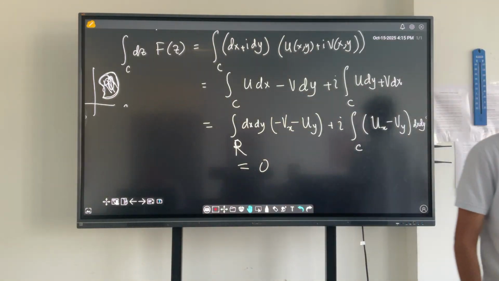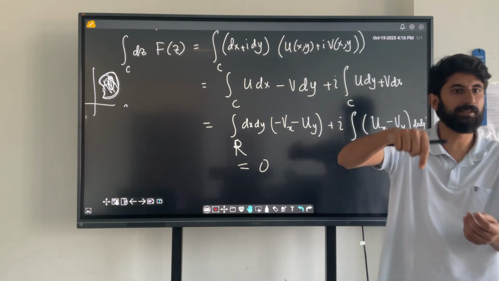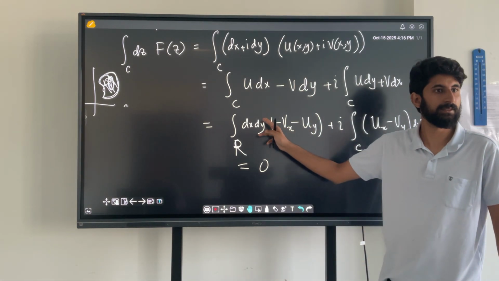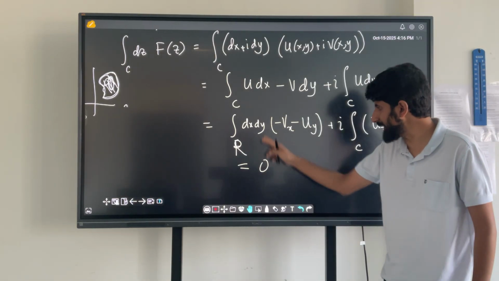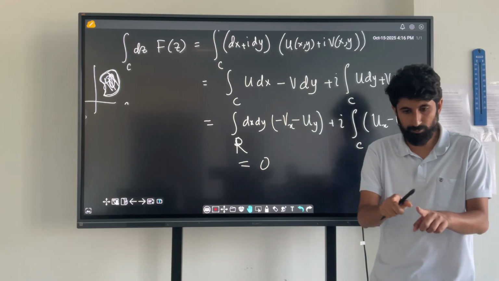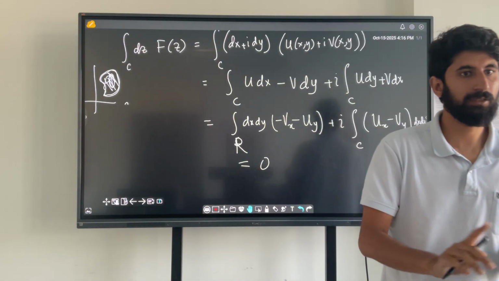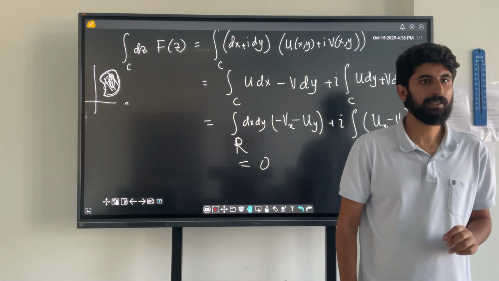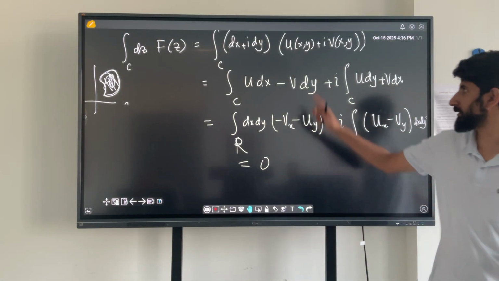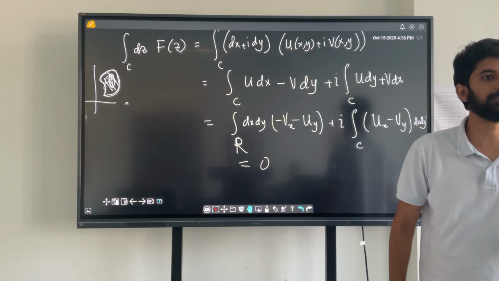But this has to be zero at every point inside, because you're integrating over the region. When we put this integral to be zero, we have assumed that we checked at every point that u x and v y hold Cauchy-Riemann. So every point inside this curve, the function has to be analytic.